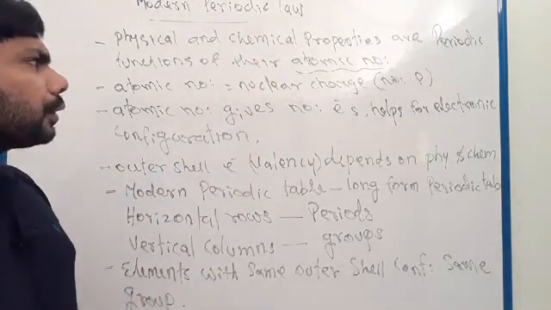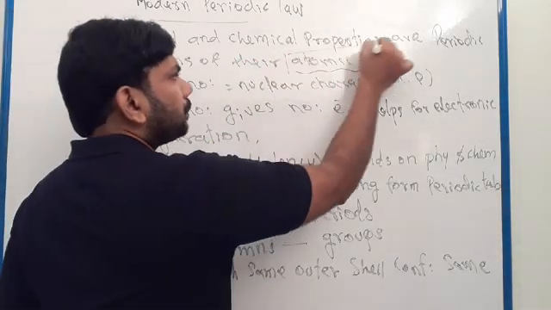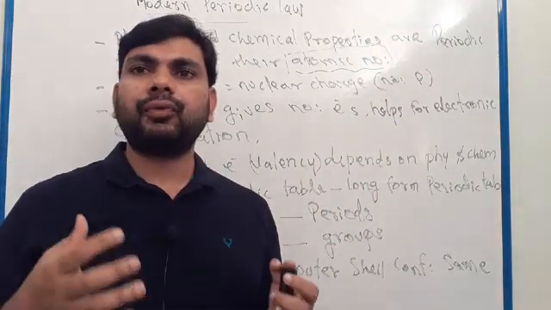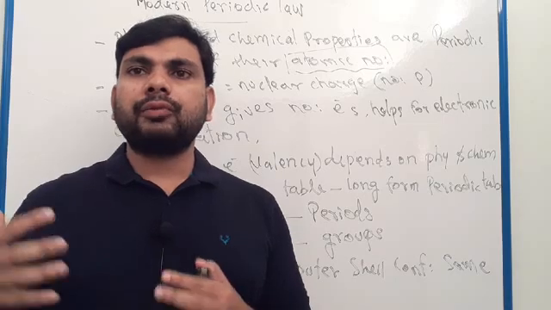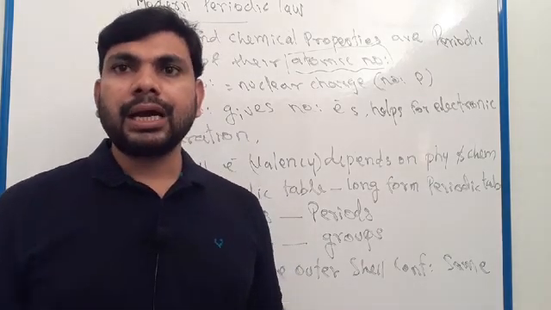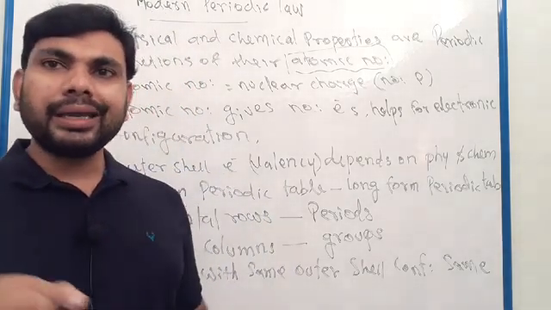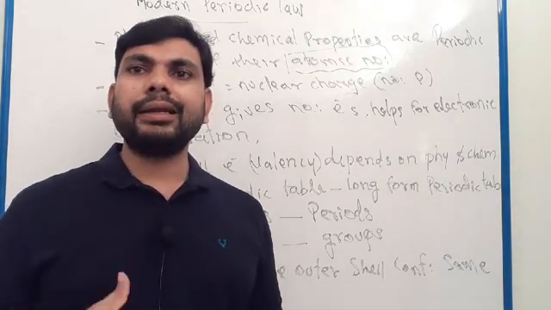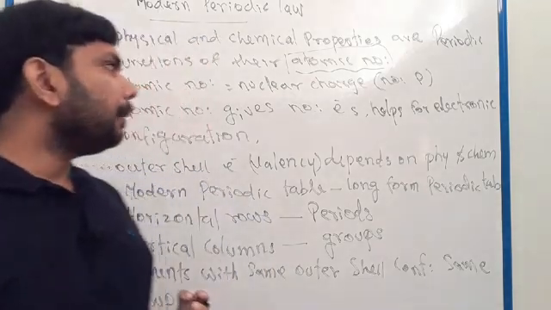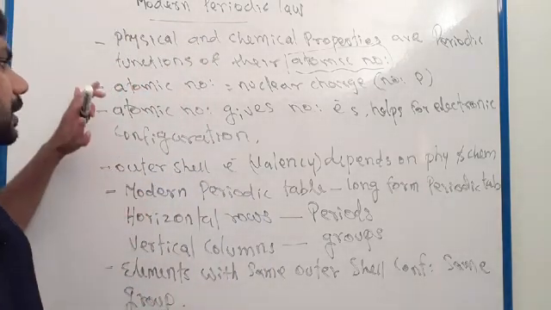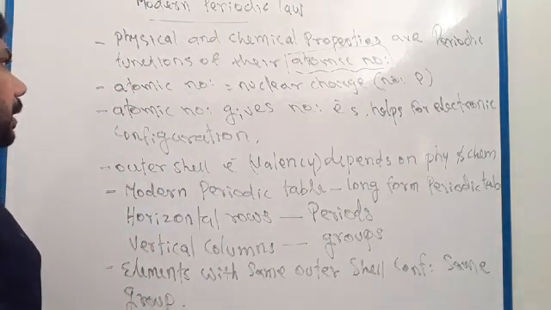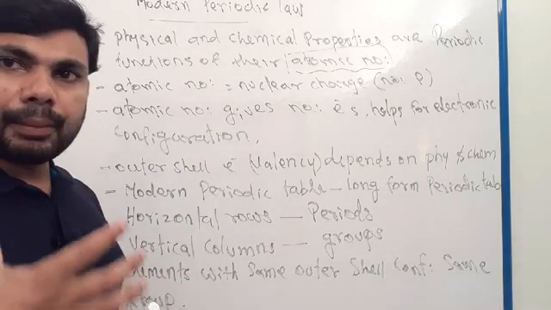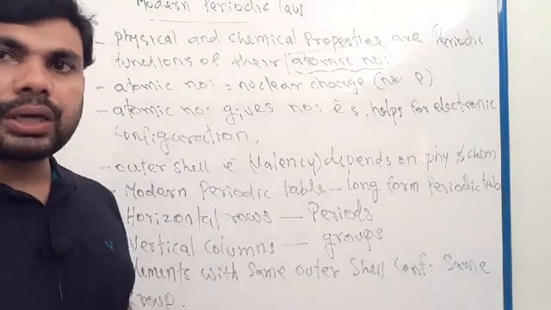Look here, this is atomic number. Nowadays we know atomic number is very important for a particular element. Atomic number is called the ID proof of an element, because many things depend on atomic number. Atomic number is equal to nuclear charge.